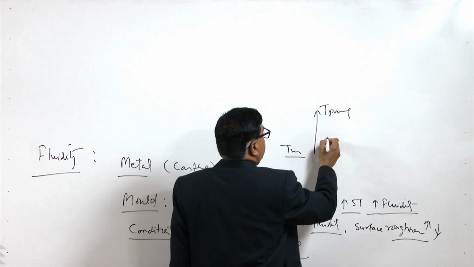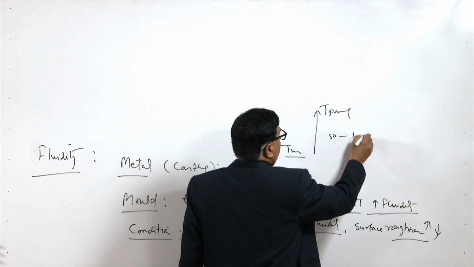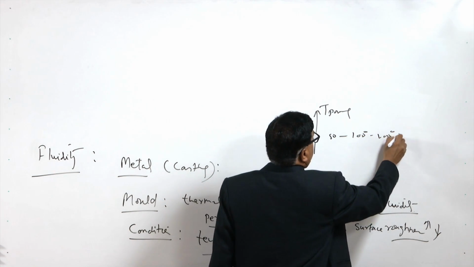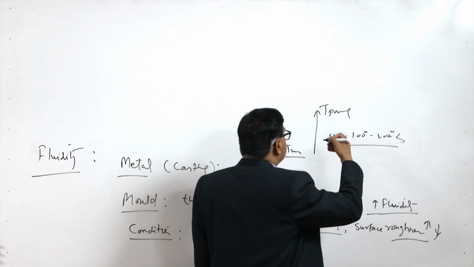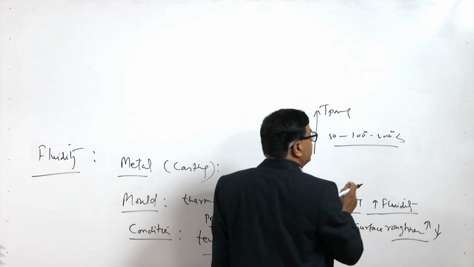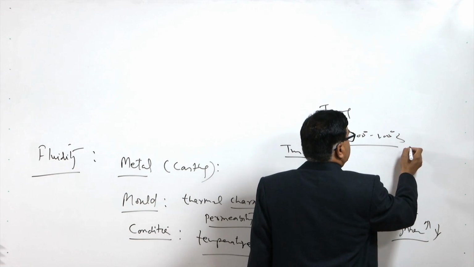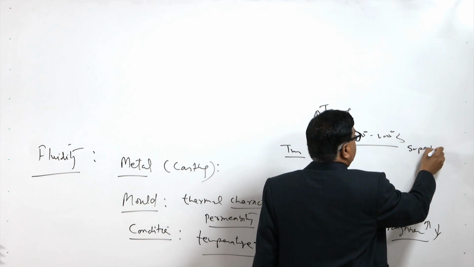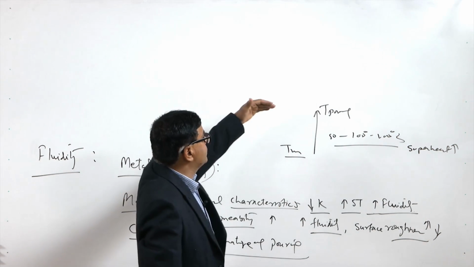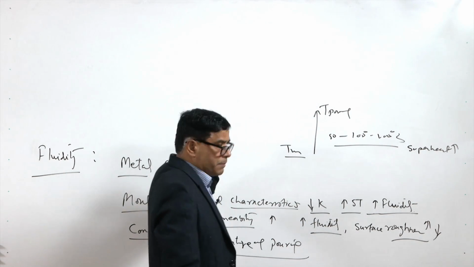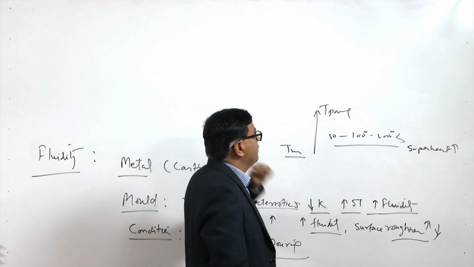So, this temperature difference may be 50 degrees or 100 degrees or 200 degrees centigrade. This difference between the temperature at which molten metal is poured and the melting point of the metal is termed as superheat. So, higher is the superheat, it means greater is the temperature difference between the pouring temperature and the temperature at which solidification will be starting or the melting will be taking place.